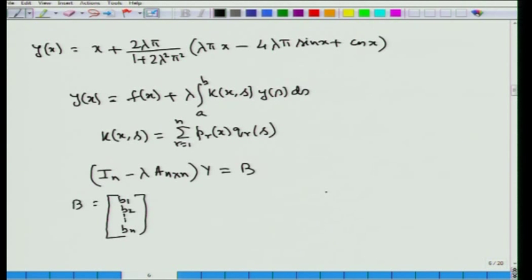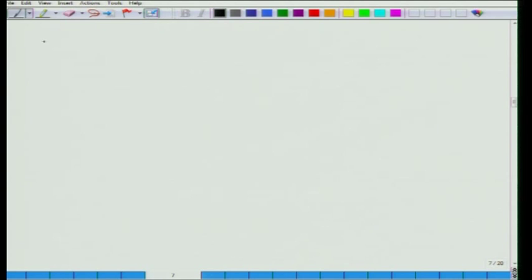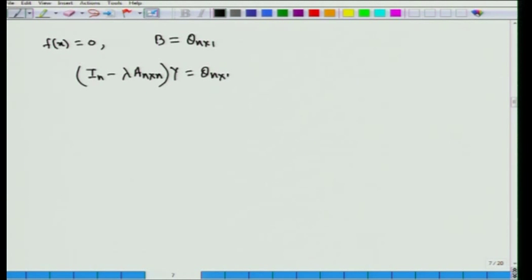Therefore, if we assume the first case, that f(x) equal to 0, then all the b j's are identically equal to 0, and therefore this B is nothing but an n cross 1 null column vector, and we will be having the system of linear homogeneous equations (I n minus lambda A n cross n) multiplied by y equal to theta n cross 1.